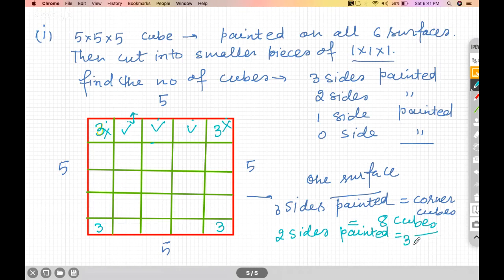Would be 3 cubes on one edge. So that would be equal to 3 into 12, 36 cubes.